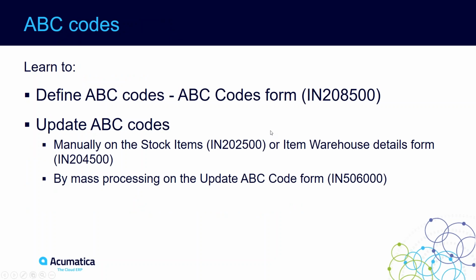So on the ABC codes, we are going to define some ABC codes on the system, and we are going to update ABC codes for our stock items and item warehouse details, and we are going to mass process the update for these items using the screen.